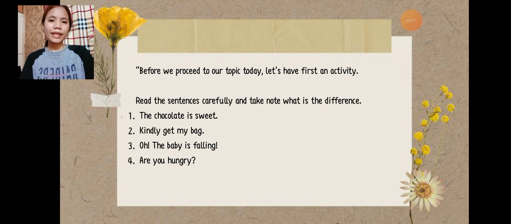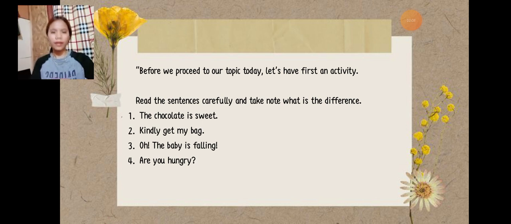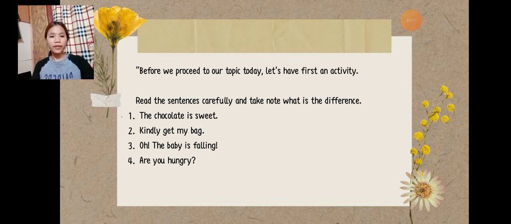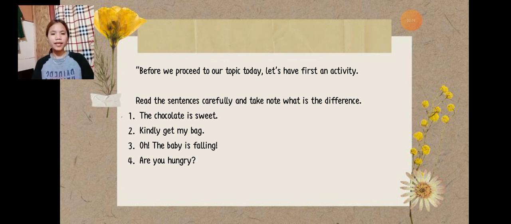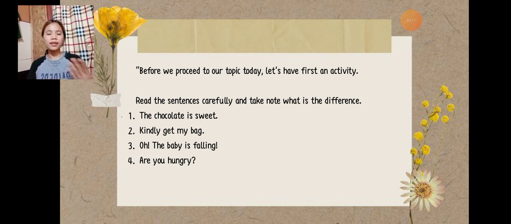Third, oh, the baby is falling! Number 4, are you hungry? So class, what are the differences in the sentences? The difference is the punctuation. In number 1, the punctuation is a period, number 3 has an exclamation point, and number 4 has a question mark.